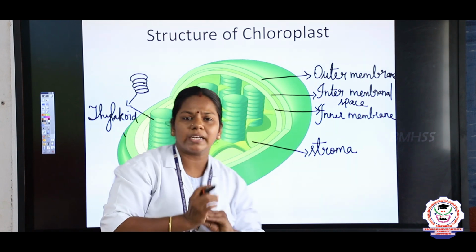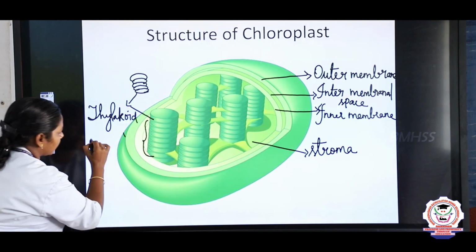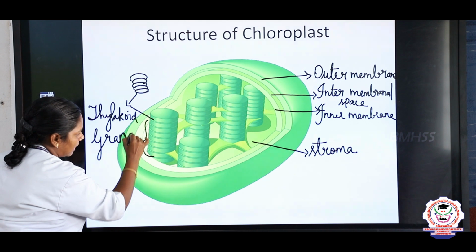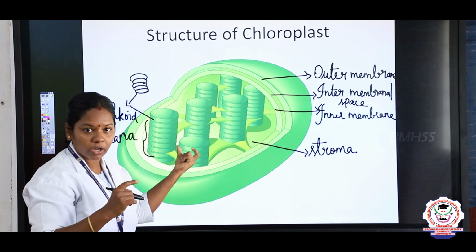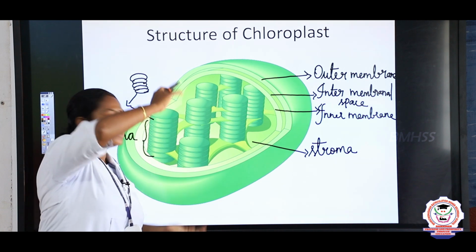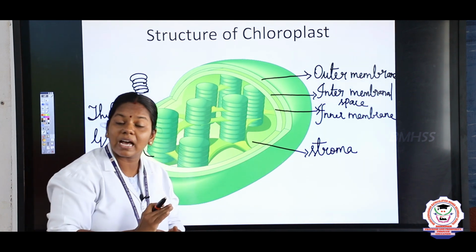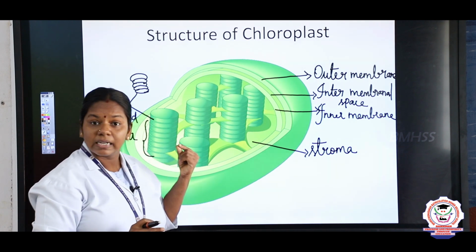That we call a grana. This entire structure is called a grana. So children, the single disc-like structure is the thylakoid, and when thylakoids are arranged one above the other like coins, we call it a grana. In singular we say grana.